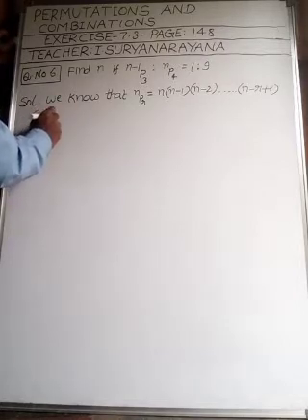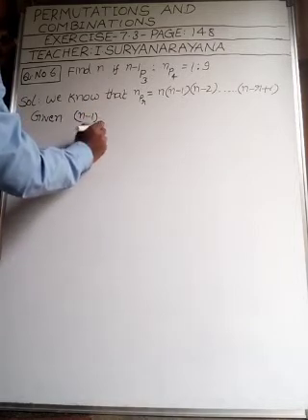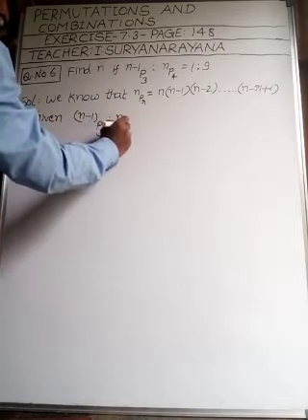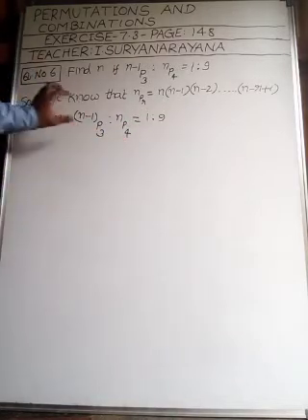Right. Given (n minus 1)P3 is to nP4 is equal to 1 is to 9. This is a given statement.